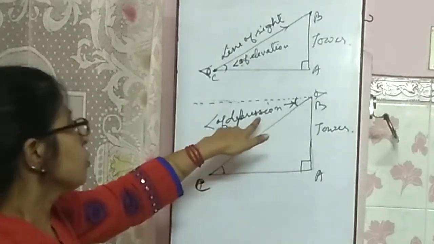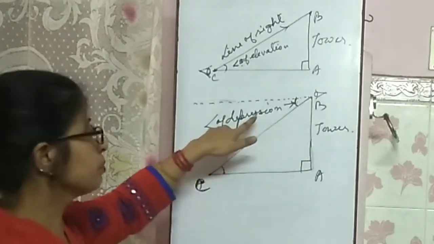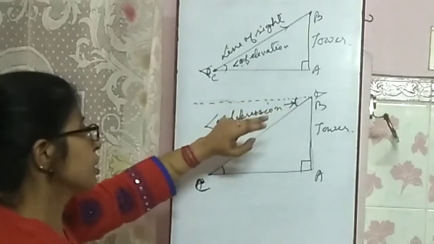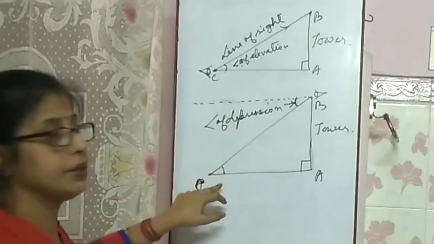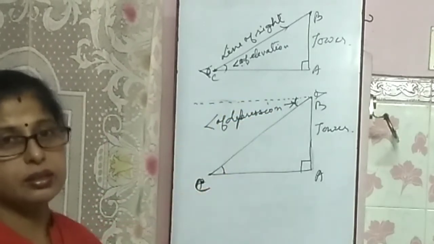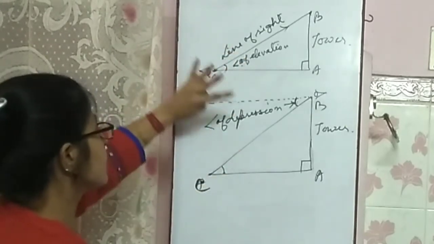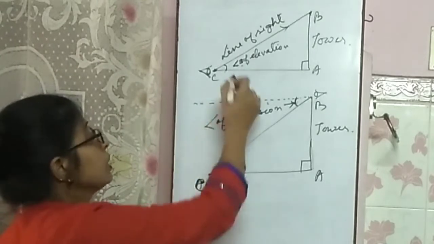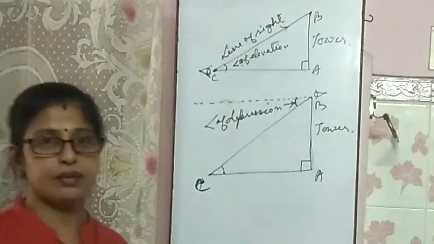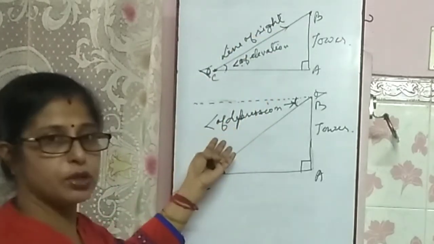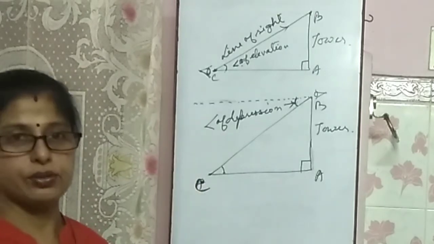Clear? We may get the angle of depression, but using this depression angle, we can get an angle at the base also for calculating the sum. Clear? These three things are to be noticed: the line of sight and the angle of depression or angle of elevation.